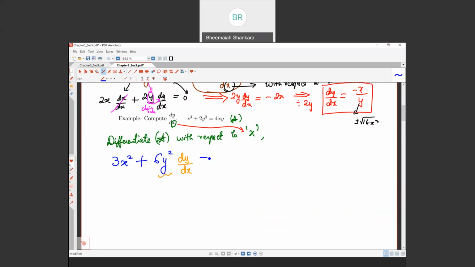Then you have an equal sign, write an equality sign. Then you have 4 times xy. So you can group 4x in one place and y in the other, and then read it as a product of functions. So it's a product rule. So you fix 4x, you differentiate y with respect to x, so you have dy over dx.